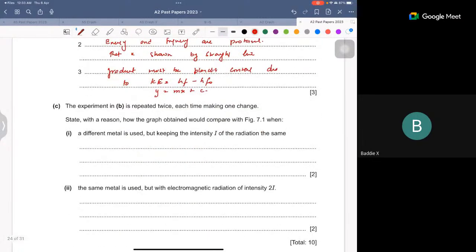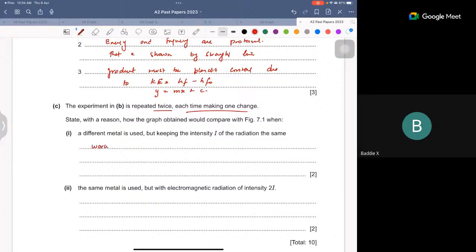Then it says state one reason how the graph would compare. An experiment is repeated twice, each time a different metal is used while keeping the intensity I of the radiation the same. If a different metal is used and the intensity is not changed, the work function is going to change, because a different metal has a different work function energy.